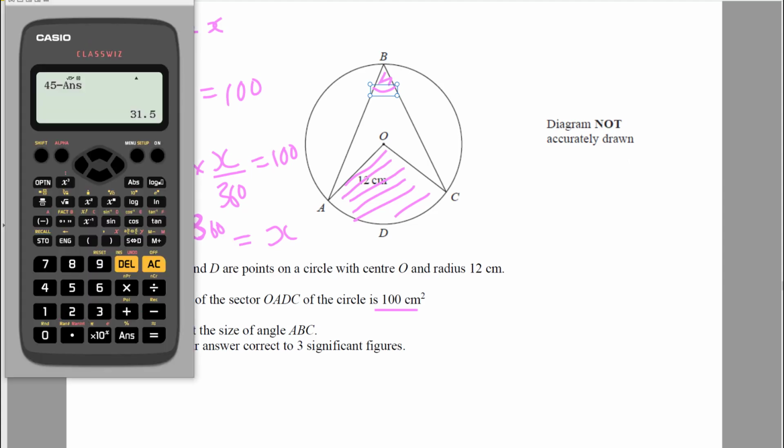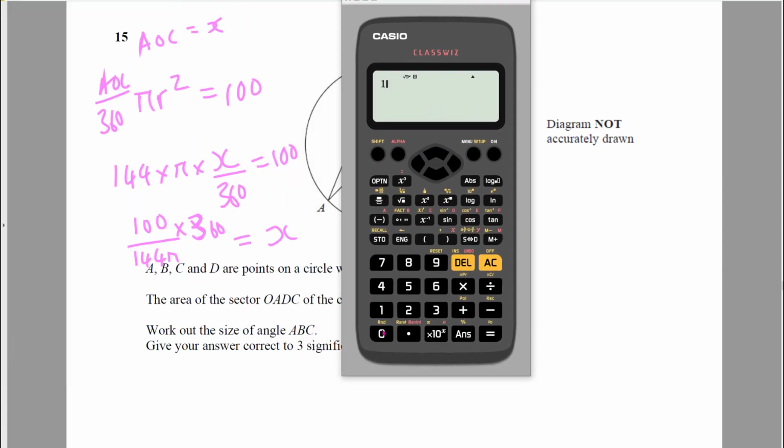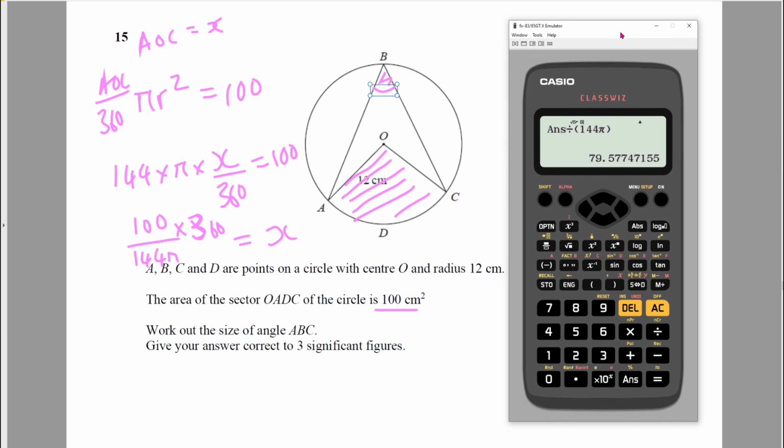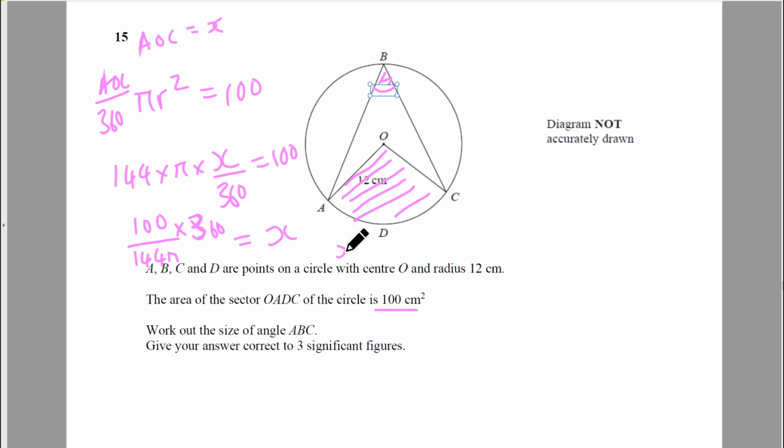So 100 times 360 divided by 144 shift pi. The angle is 79.58. So x equals 79.58 degrees.